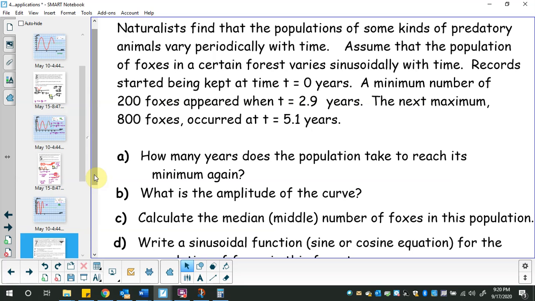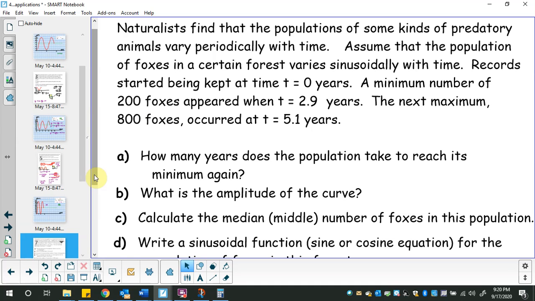So that is telling you sine or cos curve. Records started being kept at time t equals 0. So that's when we started counting foxes. A minimum number of 200 foxes appeared when t is equal to 2.9 years. The next maximum was 800 foxes, and it occurred at t equals 5.1 years.